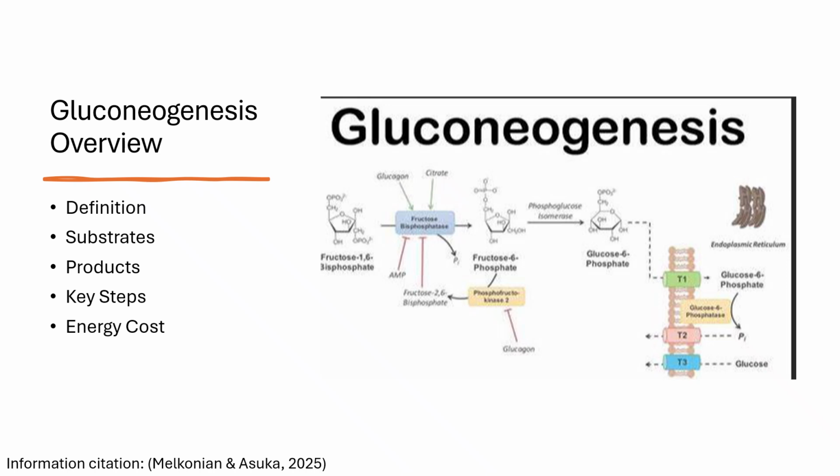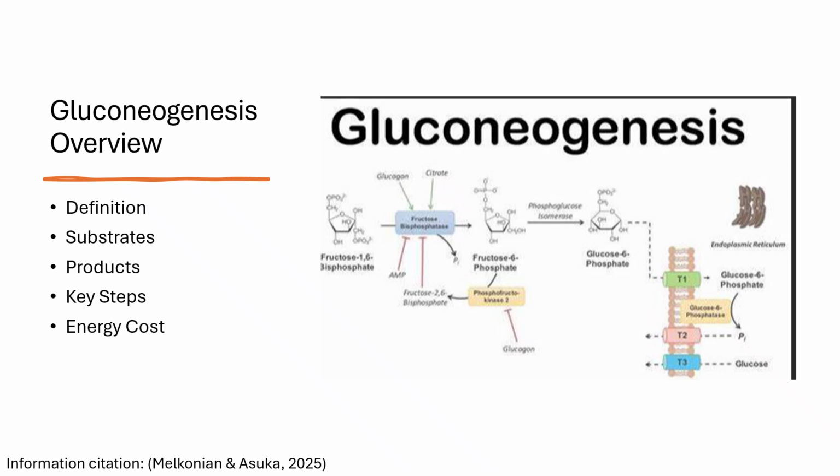Pyruvate combines with carbon dioxide and ATP to form oxalacetate, ADP, and inorganic phosphate. This step is regulated by acetyl coenzyme A, and the cofactor biotin carries the carbon dioxide. Step 2 occurs in the cytosol in humans and uses the enzyme PEPCK.